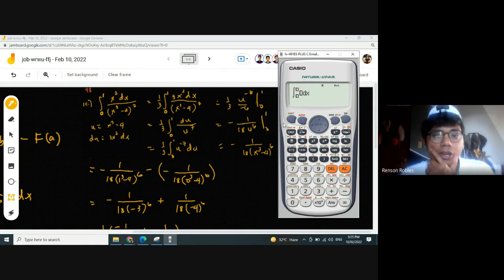Integral of x squared dx, so alpha x squared dx all over the quantity x cubed minus 4, then close, then to the 7th power.